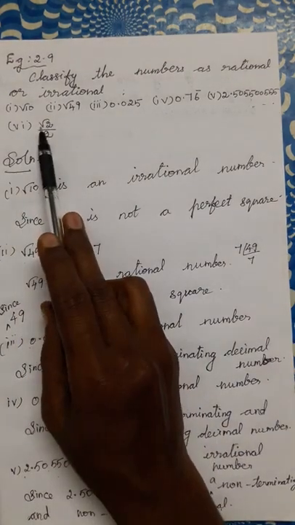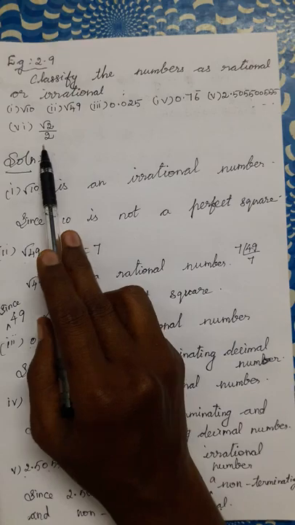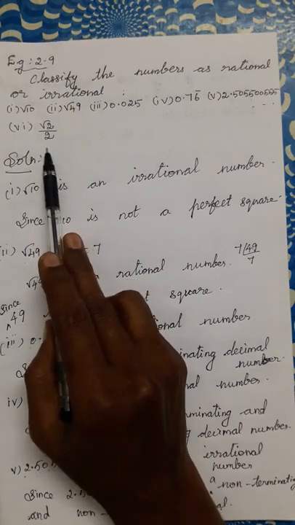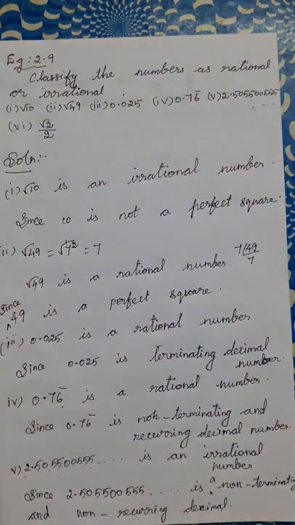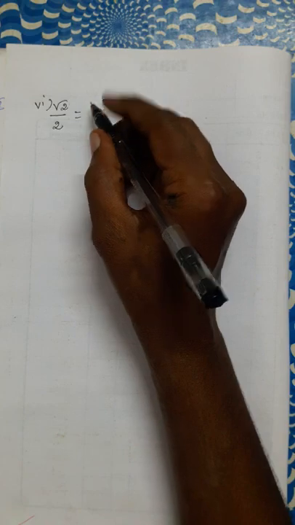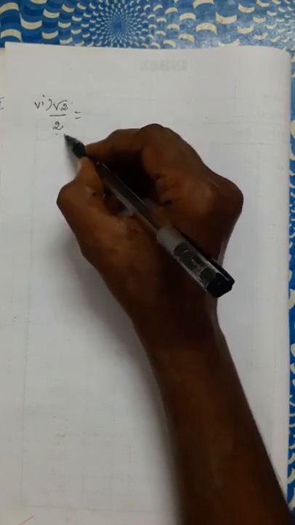Next, sixth question. Root 2 by 2. We have to check whether it is rational or irrational. Can we simplify this? Yes, we can simplify this.